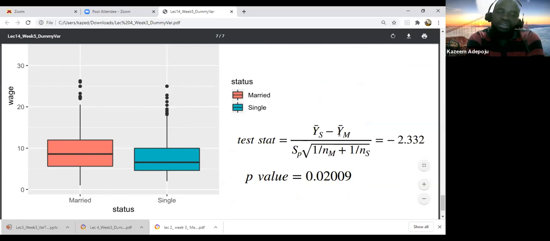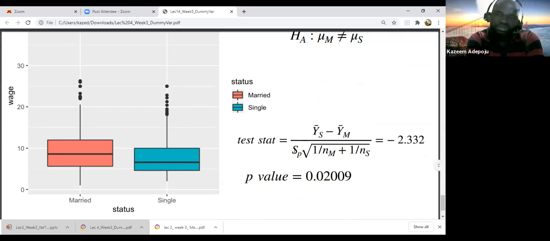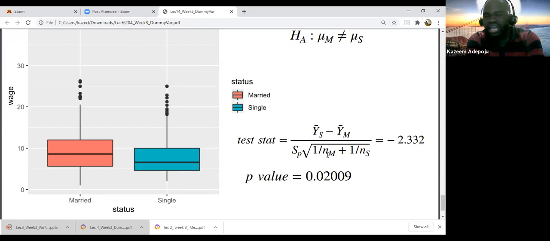This is the mean of wages of married. And this guy here is the pooled standard deviation. And of course the n here is the sample size of married participants in the data set we're considering, and the sample size of the single.